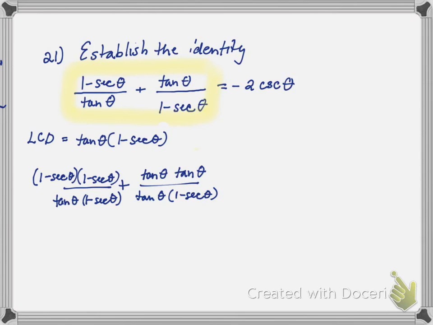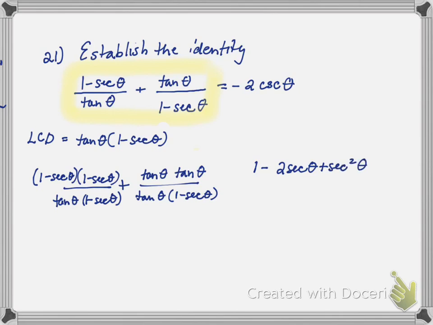Since my denominators are the same, now I can go ahead and FOIL or distribute 1 minus secant theta to 1 minus secant theta. When I do that, the result is 1 minus 2 secant theta plus secant squared theta.